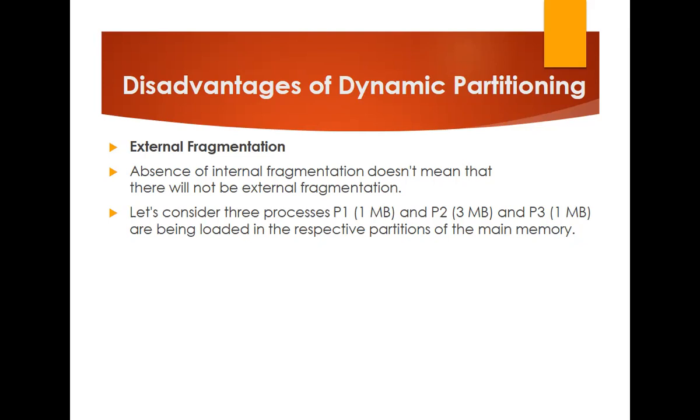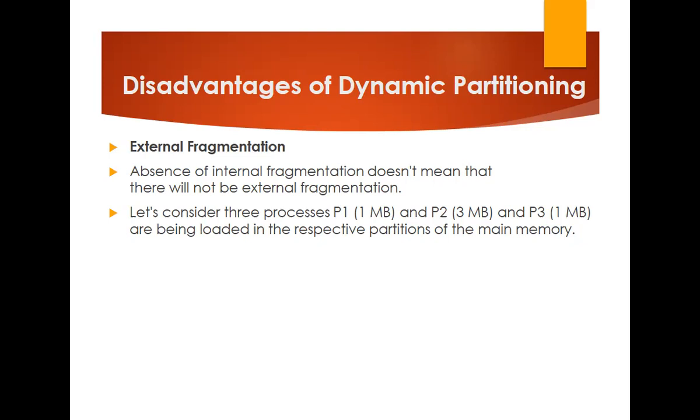Sometimes it does not mean that all the processes come according to your needs. So you have 1 megabyte of empty space, but a 4 megabyte process comes, or no process comes. So 1 megabyte of empty space is unused. This means this is external fragmentation.